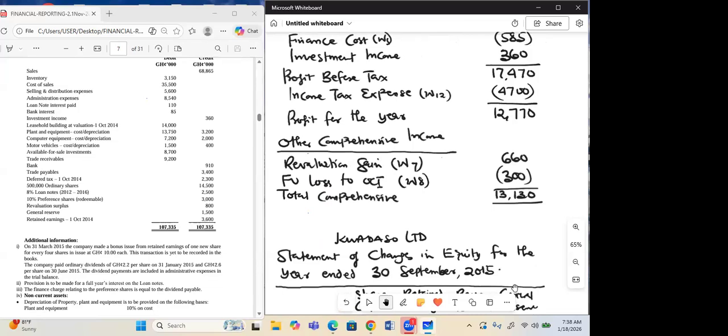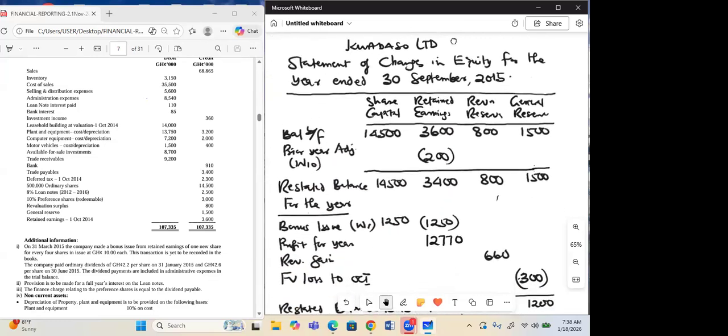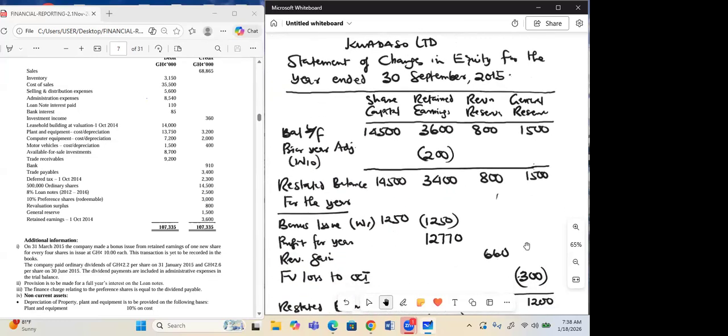Are we okay? Yes, we are. Statement of changes in equity. Take it up to this level. Are you okay? Yes, sir. Can I move? Yes, sir.